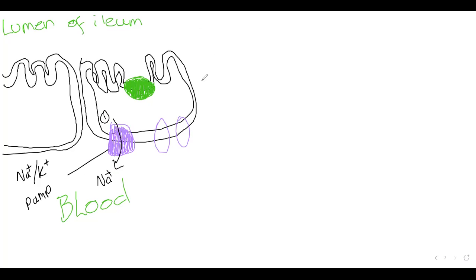So this causes sodium ions to diffuse from the lumen of the ileum, number 2, into the epithelial cell. I've just used the word, so number 1 is using active transport. So 1 is AT.